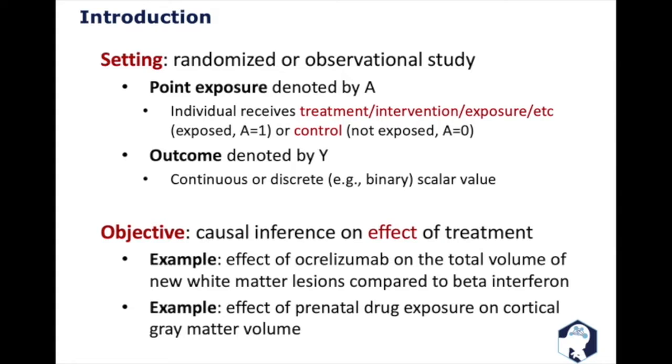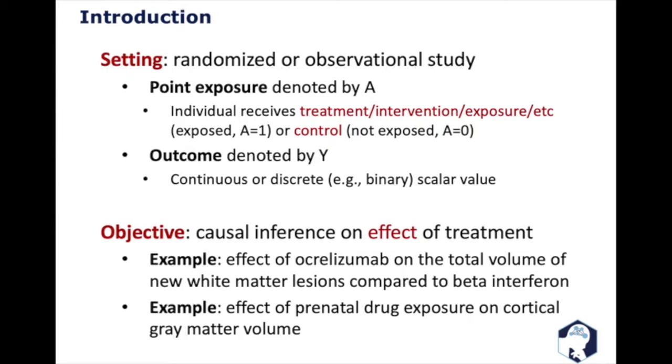Our objective is going to be causal inference on the effect of treatment or exposure. So here are a few examples. We might be interested in estimating the effect of ocrelizumab on the total volume of new white matter lesions compared to another treatment like beta interferon. Or we might be interested in estimating the effect of prenatal drug exposure on cortical gray matter volume.